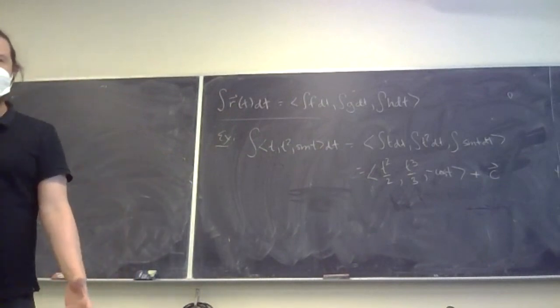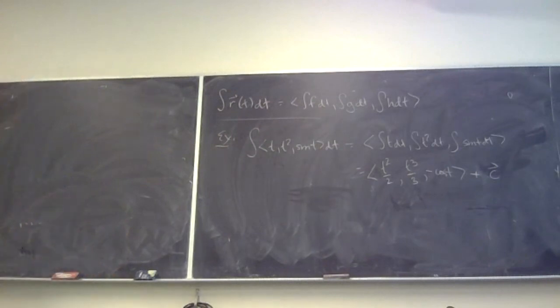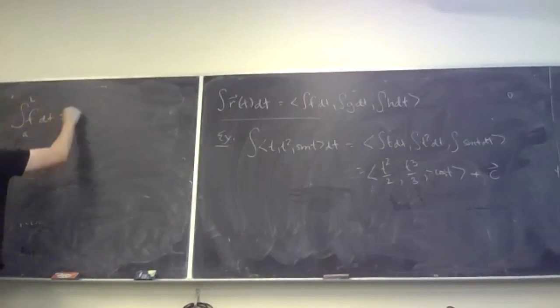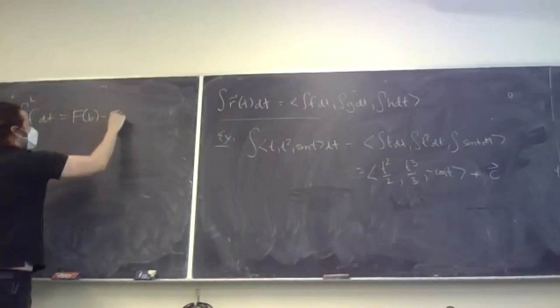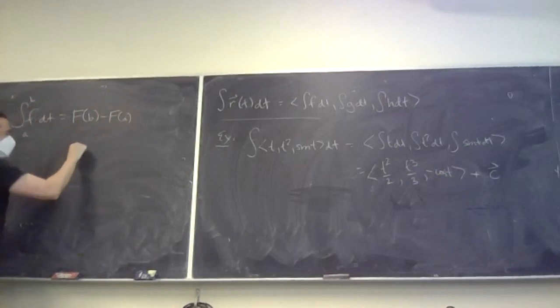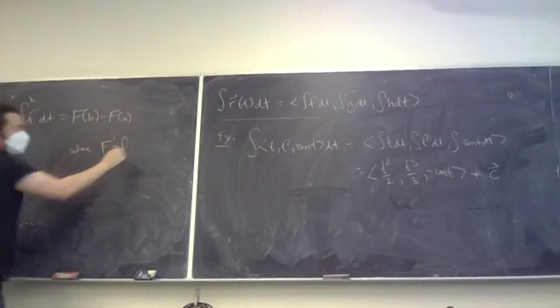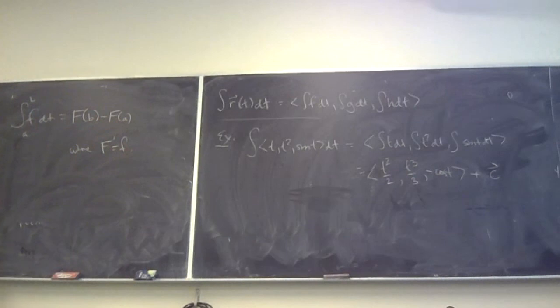Okay, so the integral of f' dt from a to b is equal to f of b minus f of a, where the derivative of f is f'. That's the fundamental theorem of calculus, part 2.